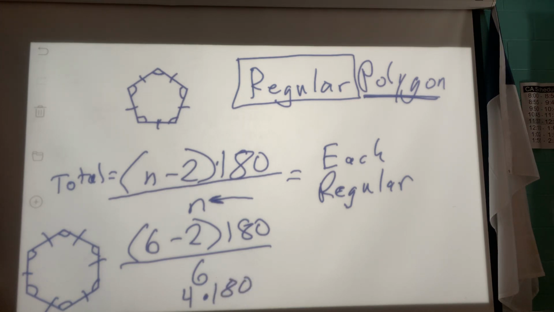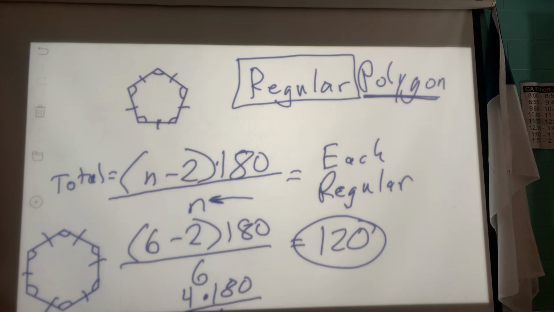And so 4 times 180, and then we're going to divide that total by the number 6, and I've gone off my screen here. And so when I do that, you're going to come out that each single regular angle is going to be a total 120.